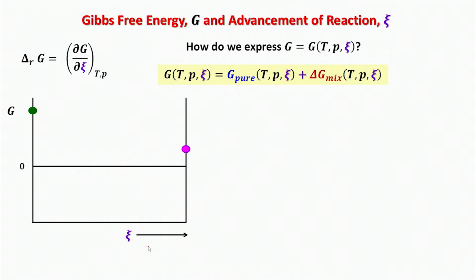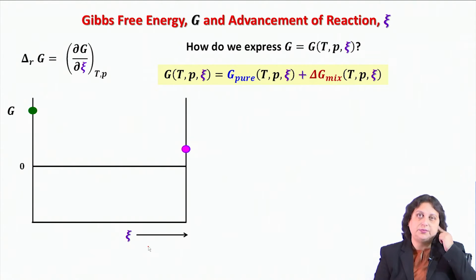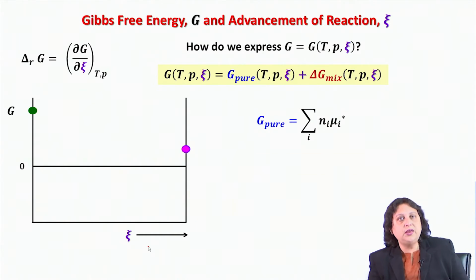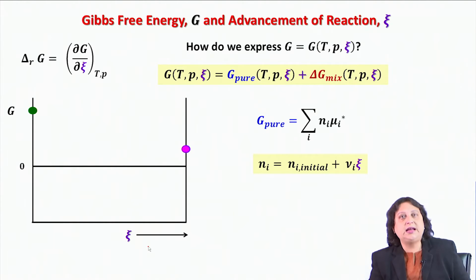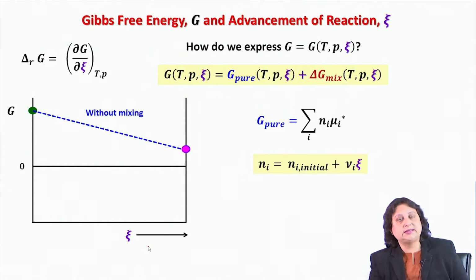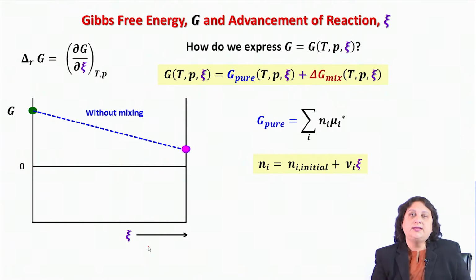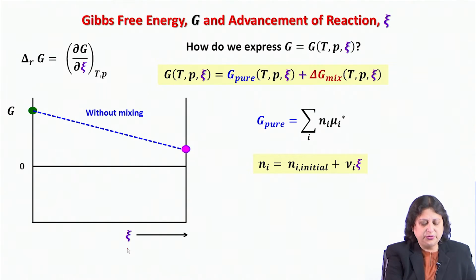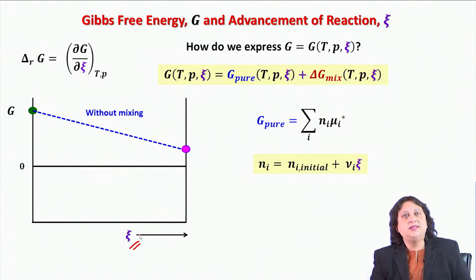Now going ahead, when I use this particular relationship, I find that I can think of G pure as the sum of Ni mu I star. So if I use the definition of Ni, and I understand that nu I is negative for all the reactants, then if I could have the components of my reaction mixture without mixing for different compositions that correspond to the different extents of reaction, this is how G pure would vary as a function of xi.